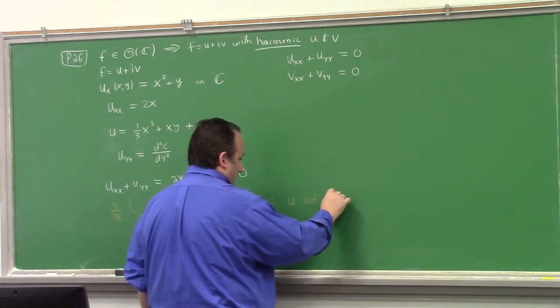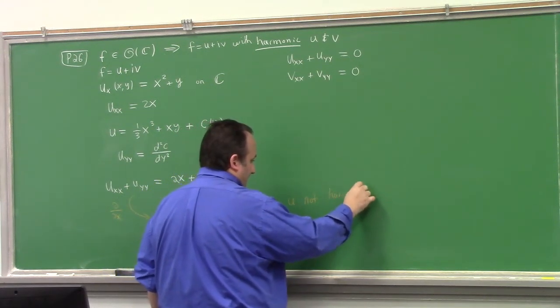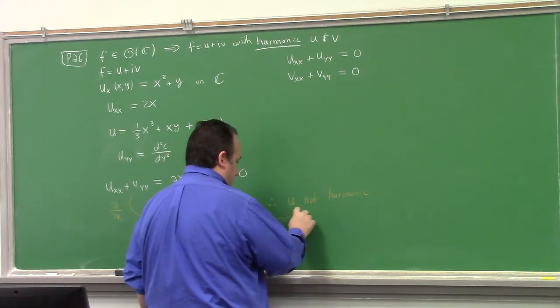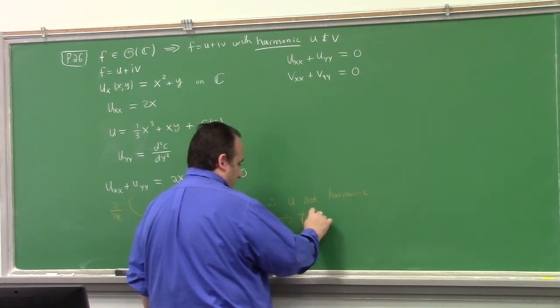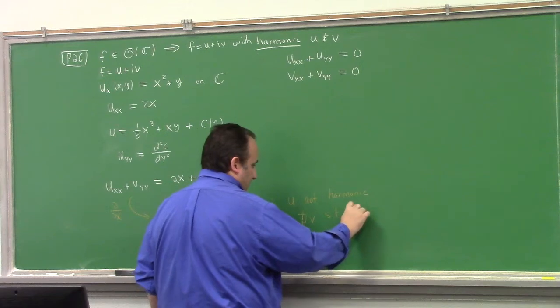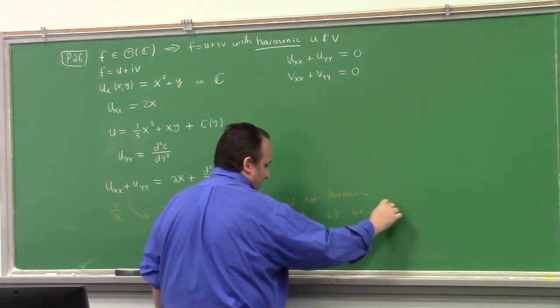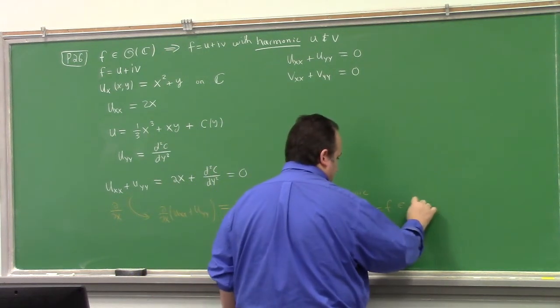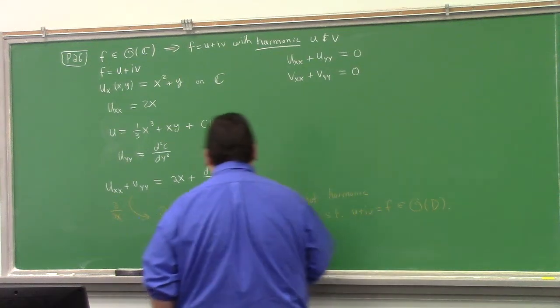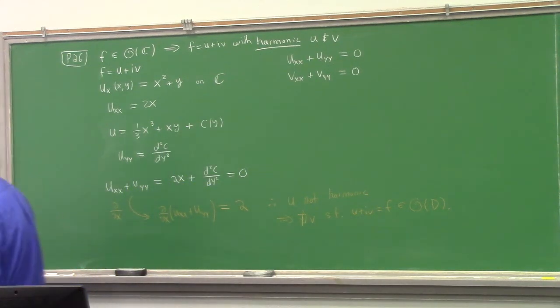It doesn't sync with holomorphic. Harmonic, which implies that there does not exist v such that u plus iv equals f holomorphic on D. Because if there was, both of the component functions would be harmonic, but the given function u is not harmonic, so we're out of luck.